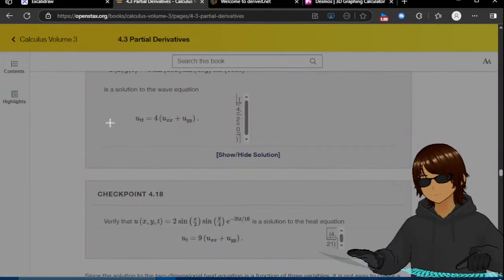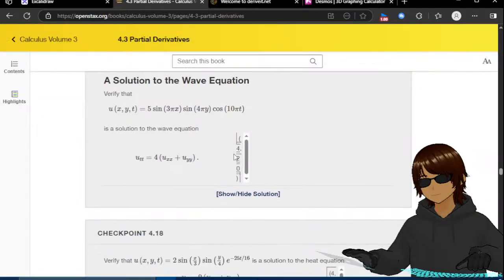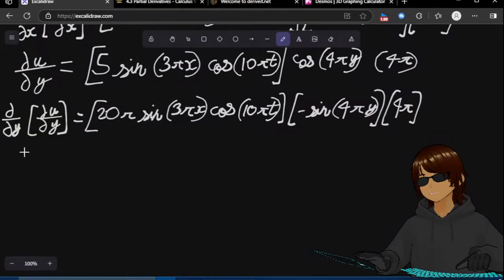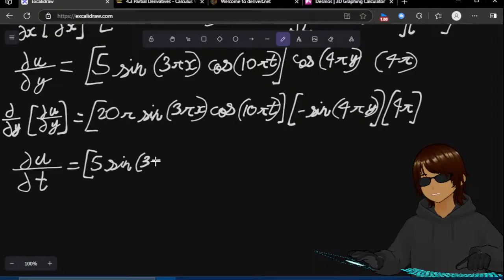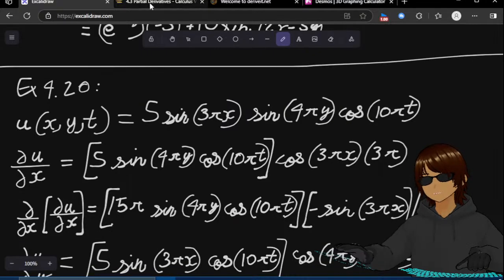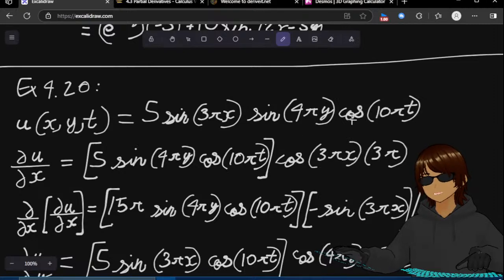So 4 times this, and then we have to do t and t as well. 5 sine 3 pi x, sine 4 pi y, cos becomes minus sine 10 pi t.